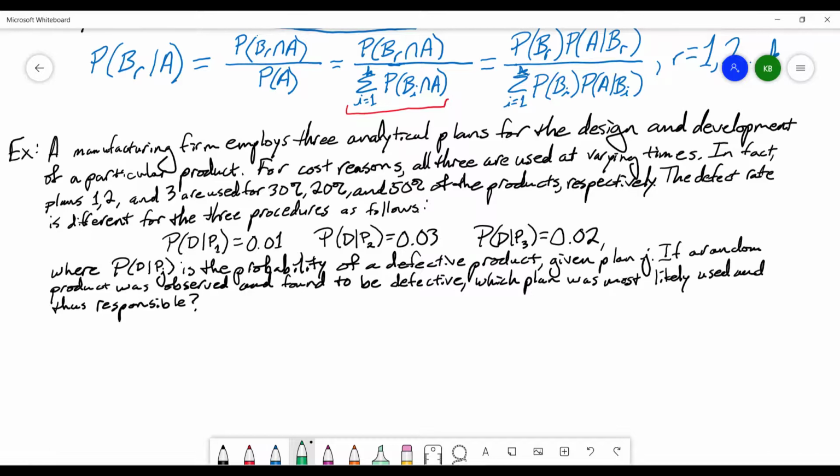The defect rate is different for the 3 procedures as follows. The probability of defective given that plan 1 was used is 0.01. The probability of defective given that plan 2 was used is 0.03. And the probability of defective given that plan 3 was used is 0.02.